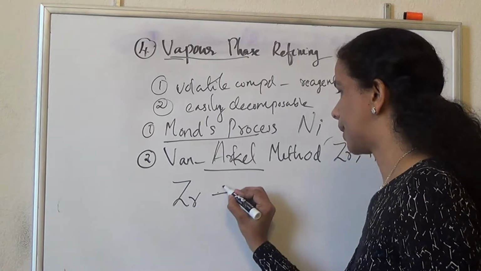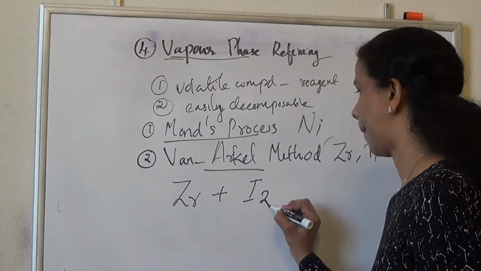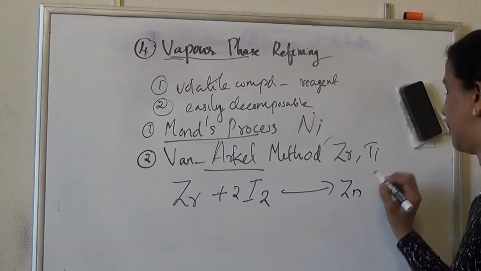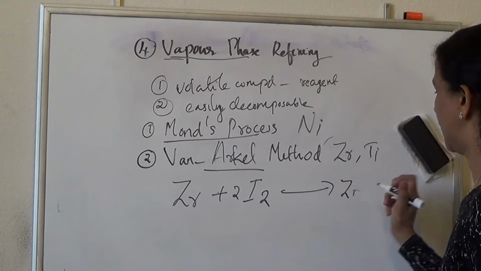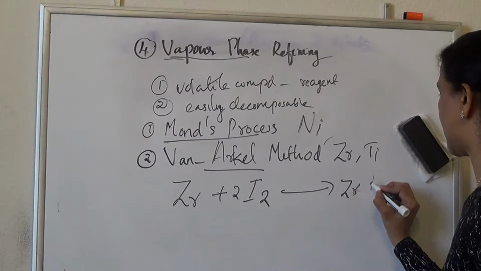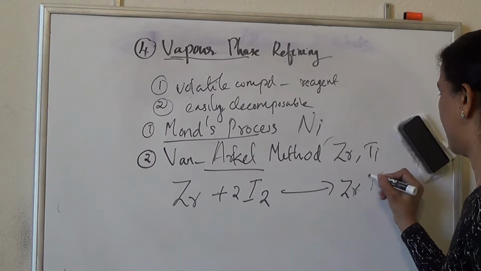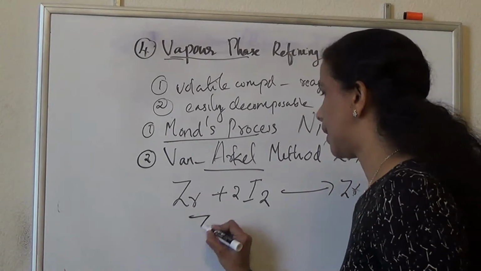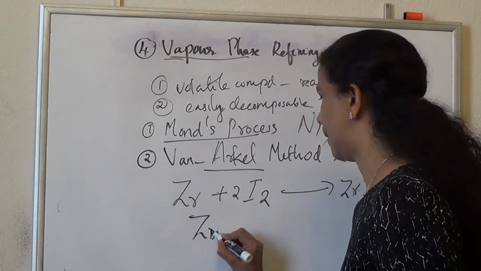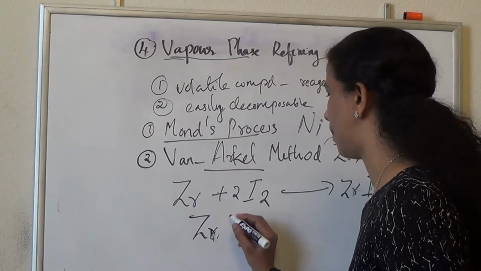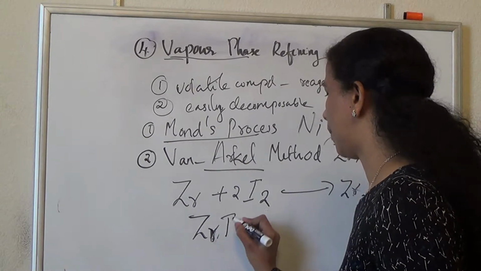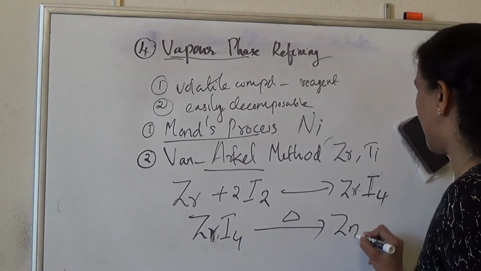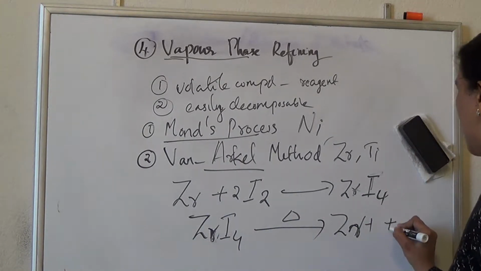Zirconium or titanium is treated with iodine. They will form zirconium tetraiodide. Sorry, only the pure metal will form this compound, not the impurities. On heating this, we will get zirconium and iodine.